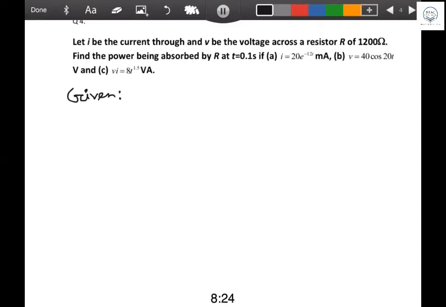What is given here is a resistor, and the resistor's value is given as 1200 ohm, and a current is flowing through the resistor. We can assume it is I, and the voltage across the resistor is considered as V. So current is flowing here to here, V. So if this is the scenario, then what do you have to find?